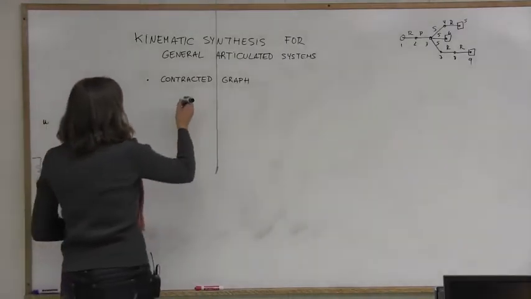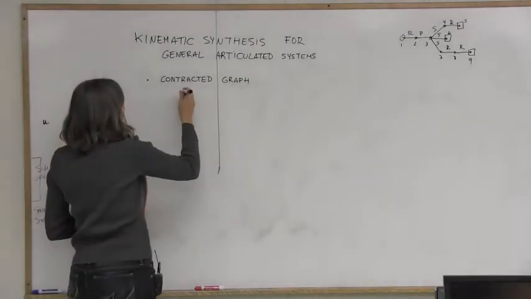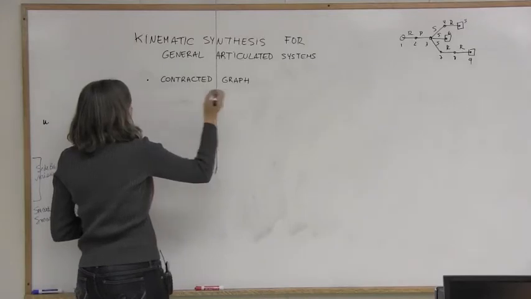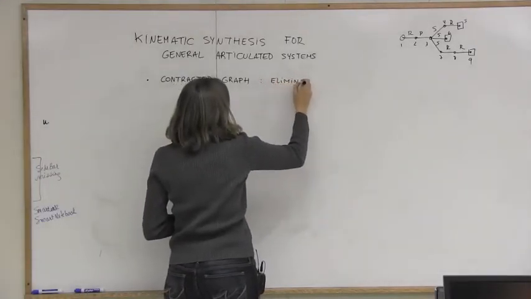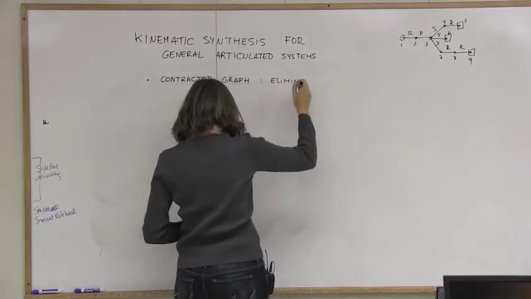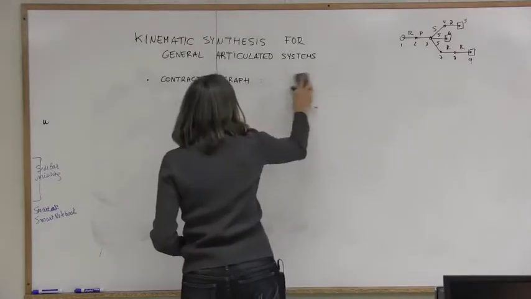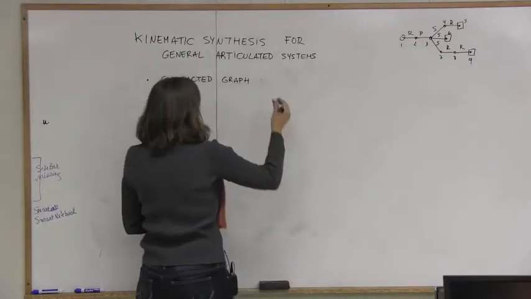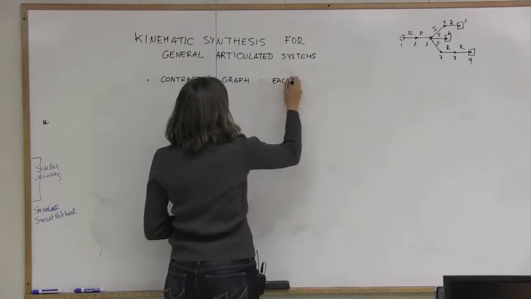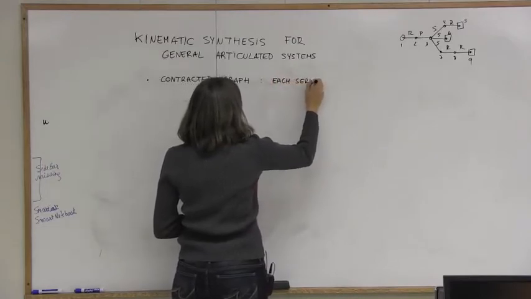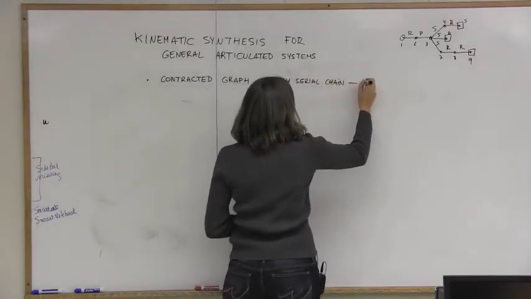So contraction, and we are going to contract graphs with no loops, okay? So now this consists of eliminating, let me just say, each serial chain is transformed into one edge.